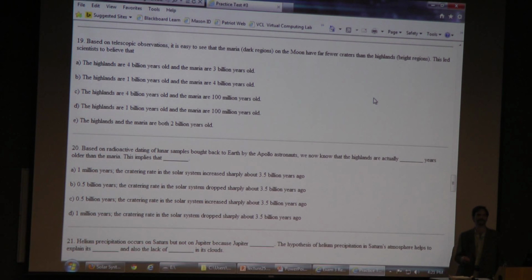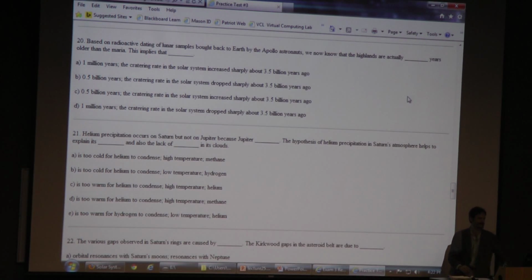That conclusion is based on the assumption that the cratering rate is constant over time. So if that's true, when you look at the Maria with so few craters, you assume they must be very young compared to the highlands. But the actual explanation is that the cratering rate changed around 3 billion years ago. This is exactly what the next problem is getting into.